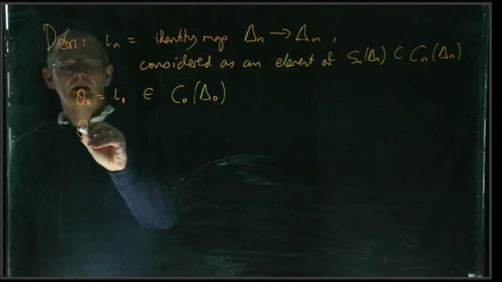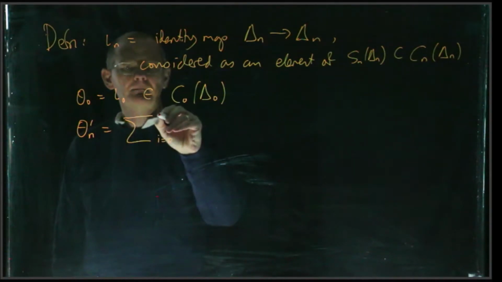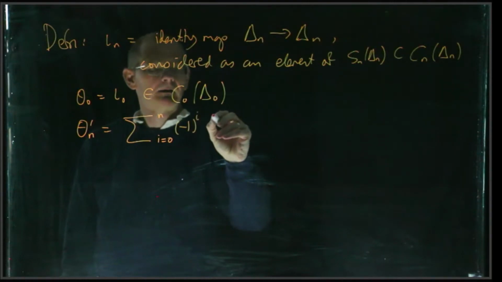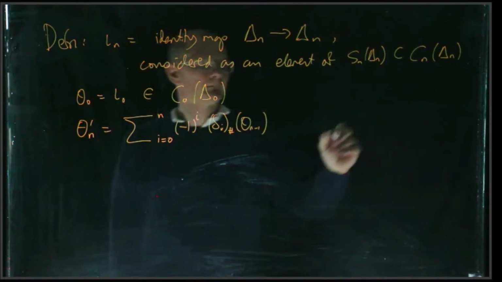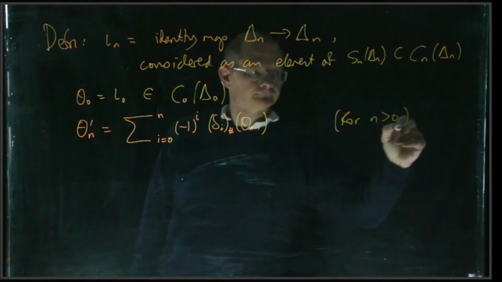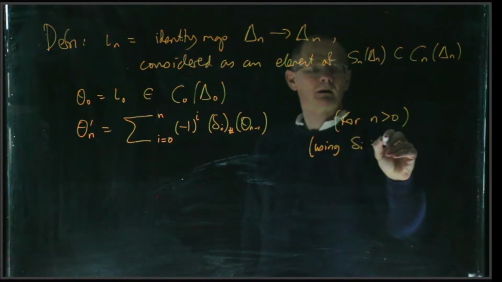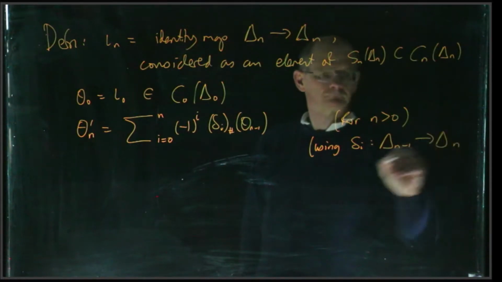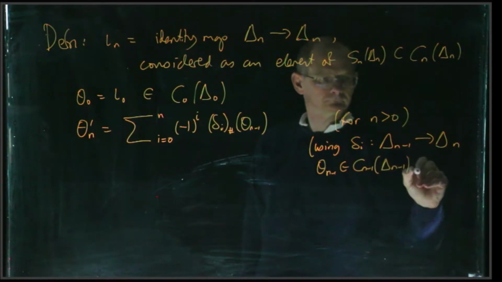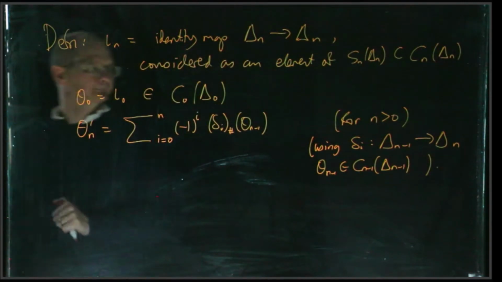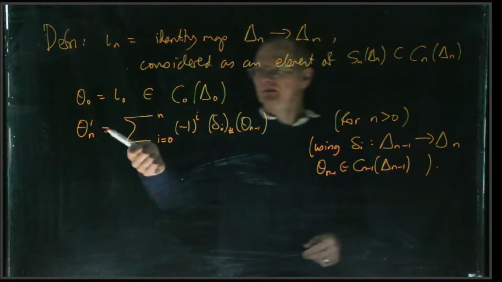And then we're going to define θ_n' to be the sum from i = 0 to n of (-1)^i, and so θ_n' is going to be like this.